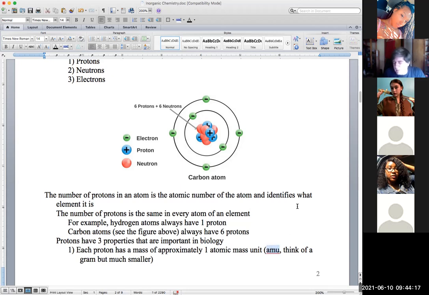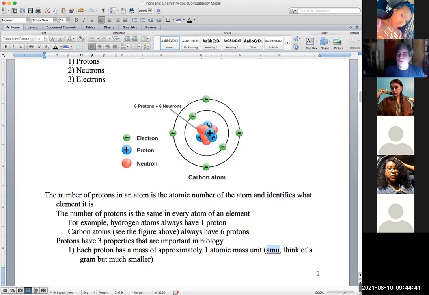This is a very small measure, but think of something like a gram in the metric system or something like an ounce in the English system. So carbon has 6 protons, so it gets 6 mass units from its protons. Every proton has a mass of 1 atomic mass unit.